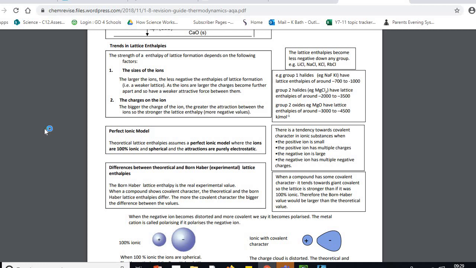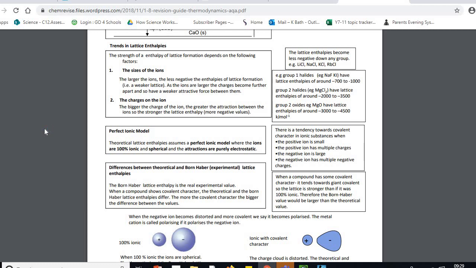Now, the size of the ion and the charge on the ion affect how strongly they attract the neighbouring ion. The larger the ion, the more spread out the charge is, so the less negative the enthalpy of formation will be.